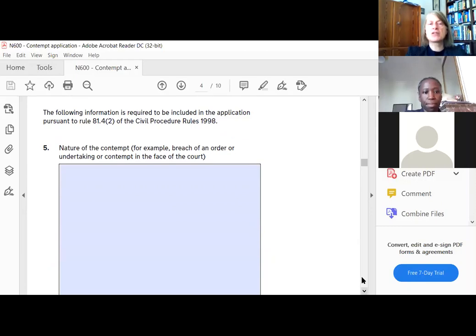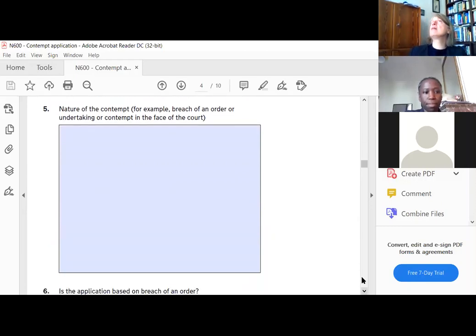Of course, box number 5 is a very important part of the form, and I would suggest when setting out the nature of the contempt, when setting out the examples, I think again, and I'm sure you will be aware from old committal applications having perhaps been criticised by a judge that these allegations are a little bit superficial and vague.